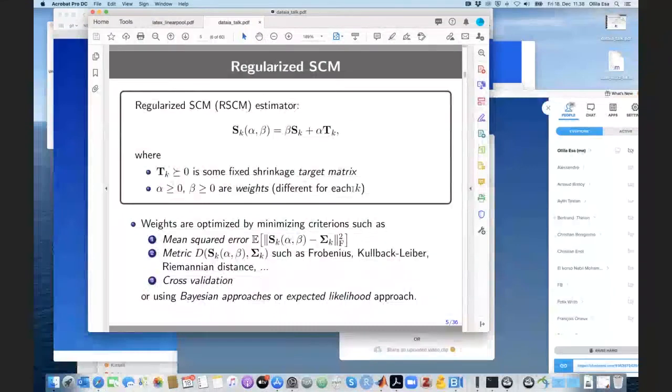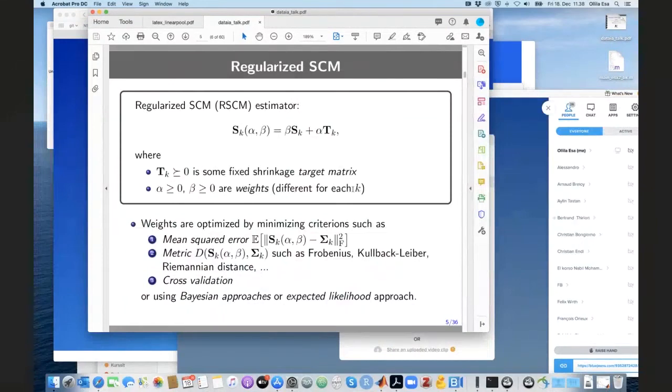There are at least 5 commonly used criteria, and the first 3 are such that they minimize a criterion function. Perhaps one commonly used is the mean squared error, so you find those weights such that this mean squared error is minimized.